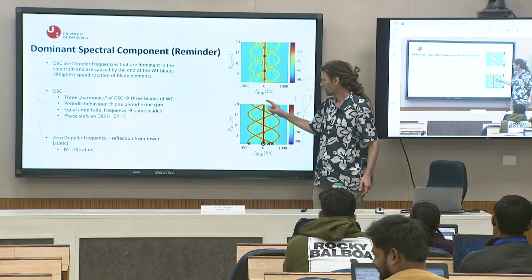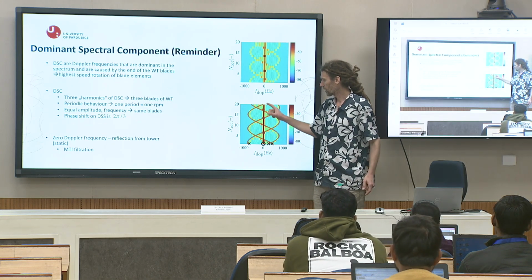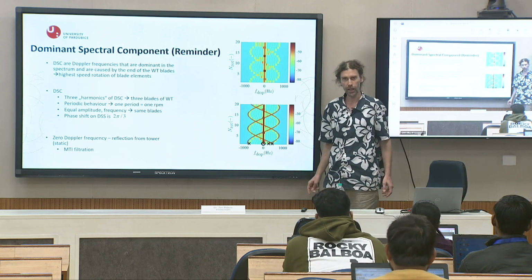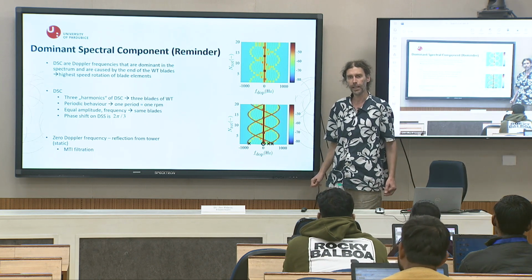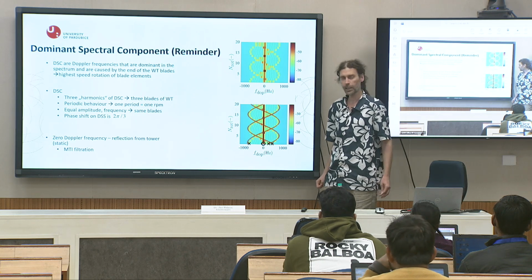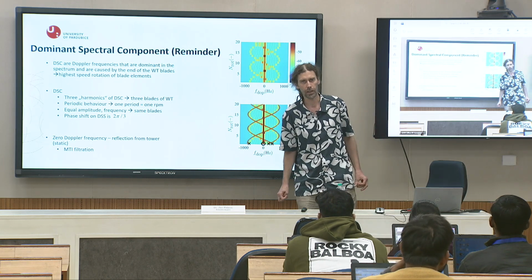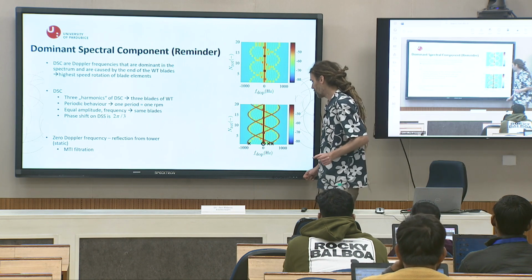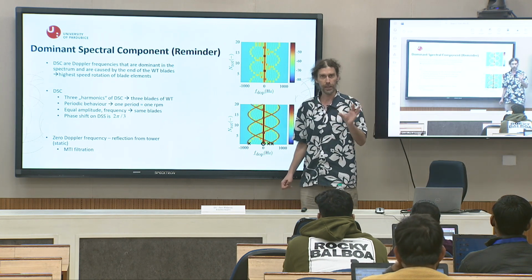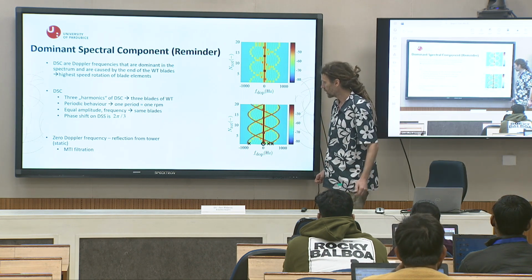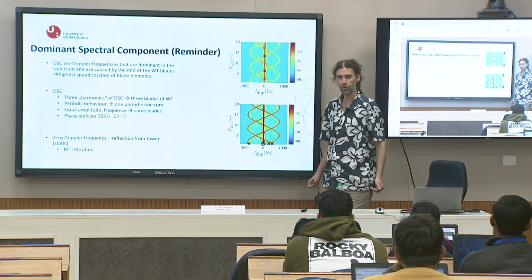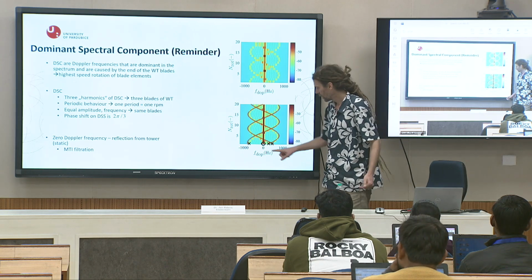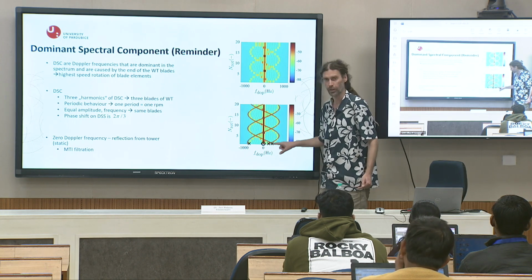This one is a reflection from our tower, and as you can see later, we first need to suppress this tower by an MTI filter, because our mitigation algorithm will be based on prediction of this DSC component, exactly these 3 points.